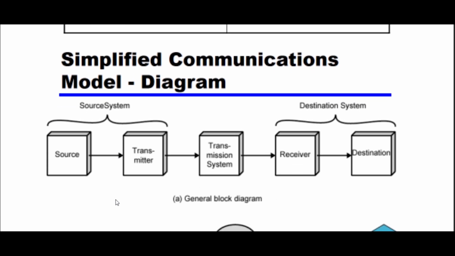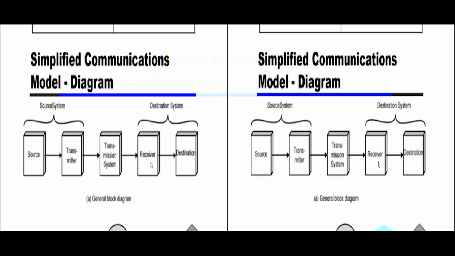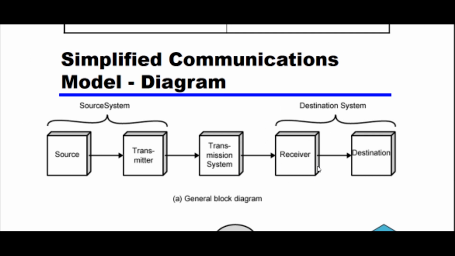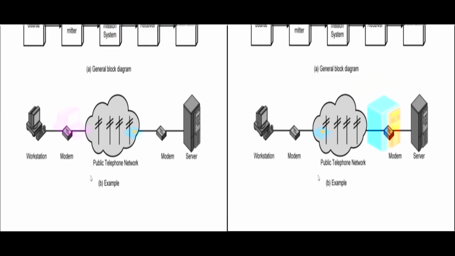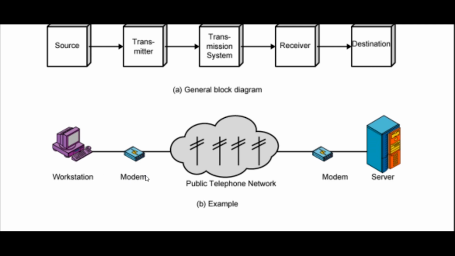Then, if we talk about the basic communication model, a source generates the data, and the transmitter puts the data on the signal, and then the transmission system or transmission medium carries the data to the receiver, and the receiver converts it into the data again for the destination. Here, an example of a workstation communicating with a server can be seen.